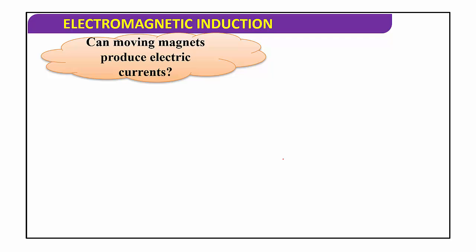Now the question arises: can moving magnets produce electric current? In the previous chapter we studied that electric current produces a magnetic field. Is it clear? Now in the reverse order, we have the question: can moving magnets produce electric current?